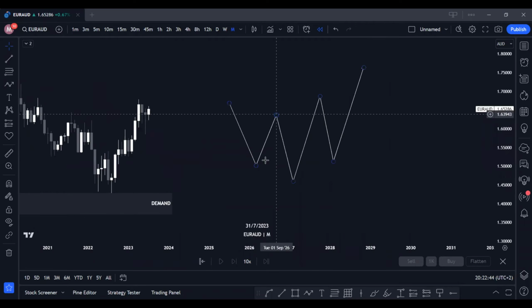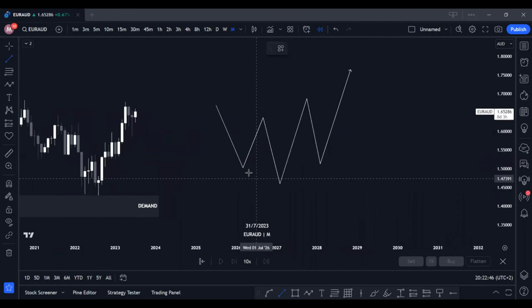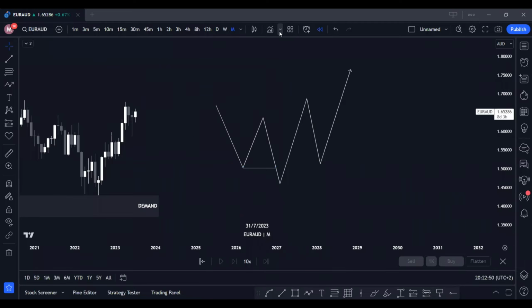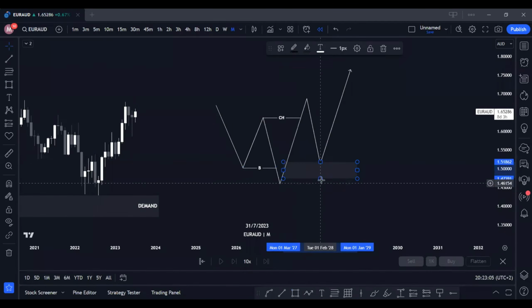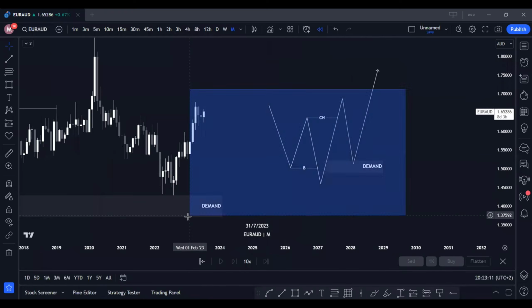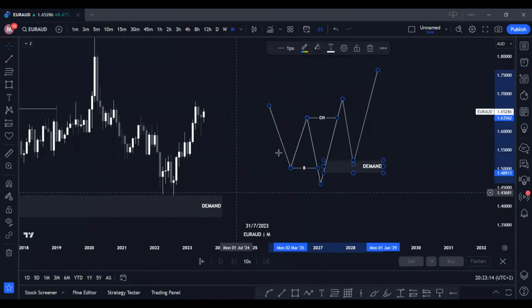Okay, so once you have a model like this, this is going to be your break of structure, and this here is going to be your change of character. Okay, and you're going to look to take your entries off your demand zone here. Okay, let me just remove this.